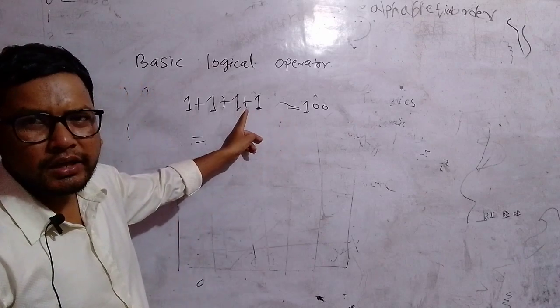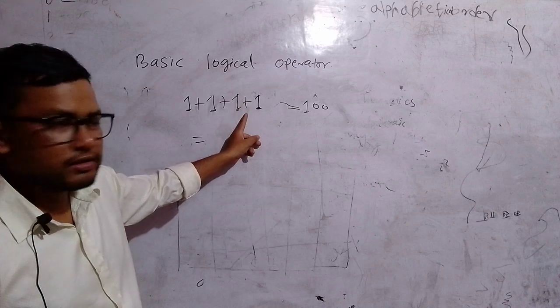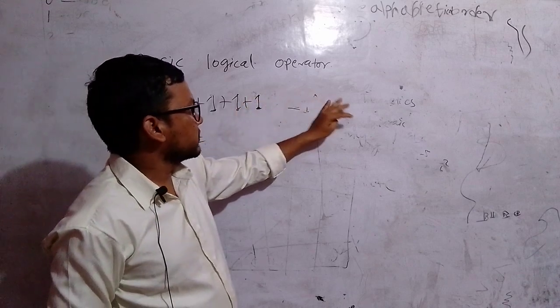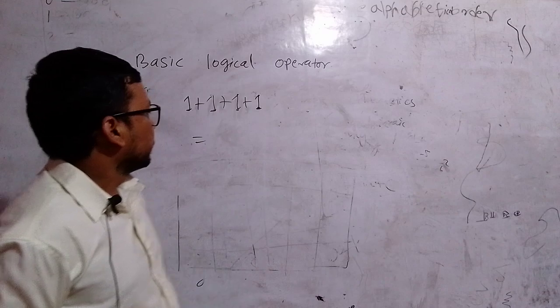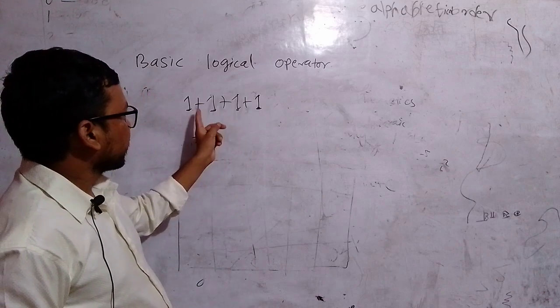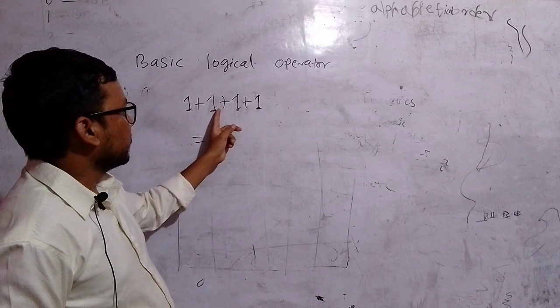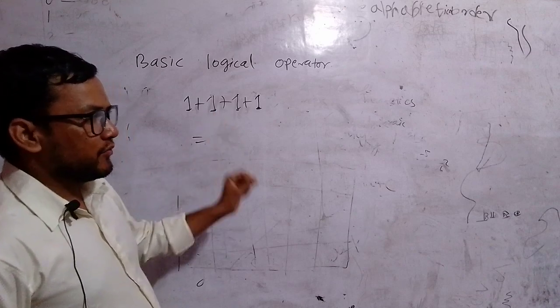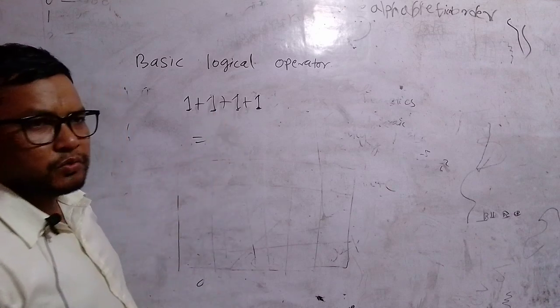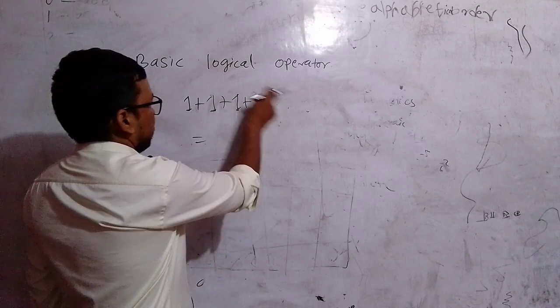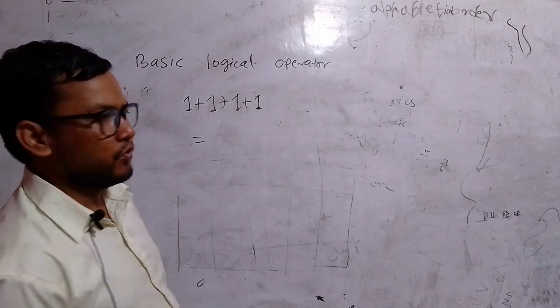But this is the OR operator, the disjunction operator here. For the OR operator, this represents the OR operator.